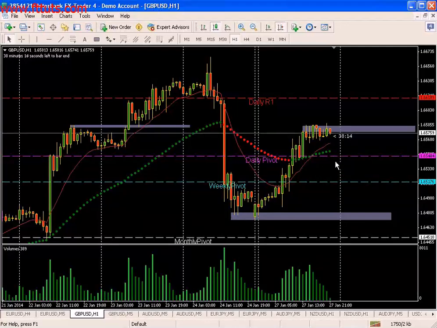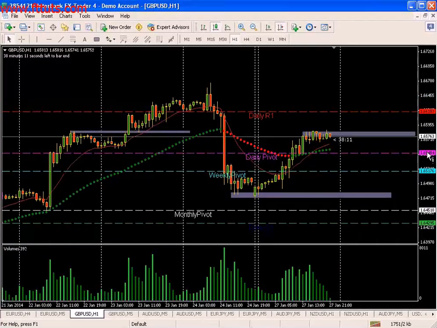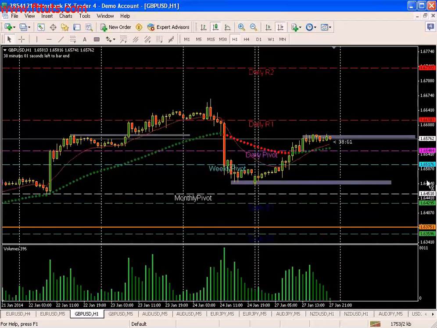Get more into the volume stuff. I also like R2 and S2. Often S1 and R2 and R1, you see, it's hard to see there, but it's just daily S1, R1. Very often you'll see more, I think statistically speaking, S2 and R2 will reject price more. They will act as support resistance.